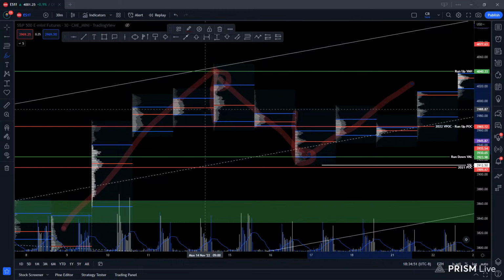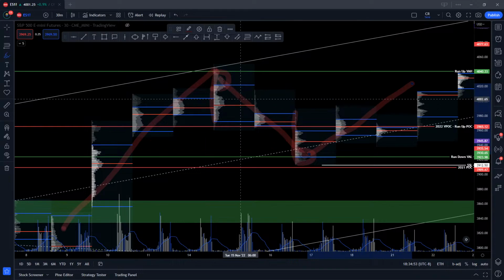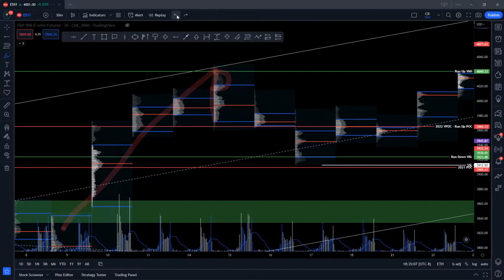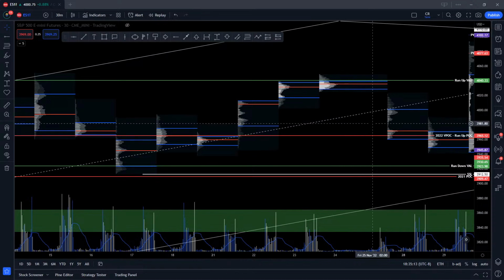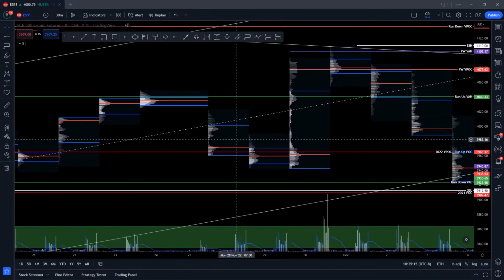So if you're looking for swing trades, now you know what to look for. When you see a P shape in an uptrend, you're probably going to reverse to the downside. When you see a lowercase b in a downtrend, you're probably going to see upside the next day. So that should cover that.